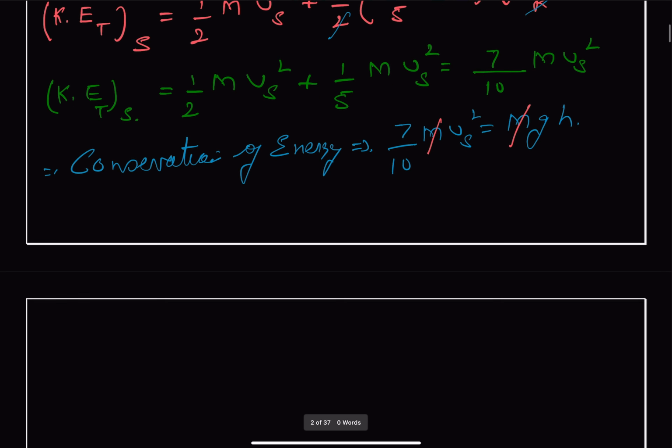So from here the solid sphere velocity square vs square will be equal to 10 by 7 times gh.